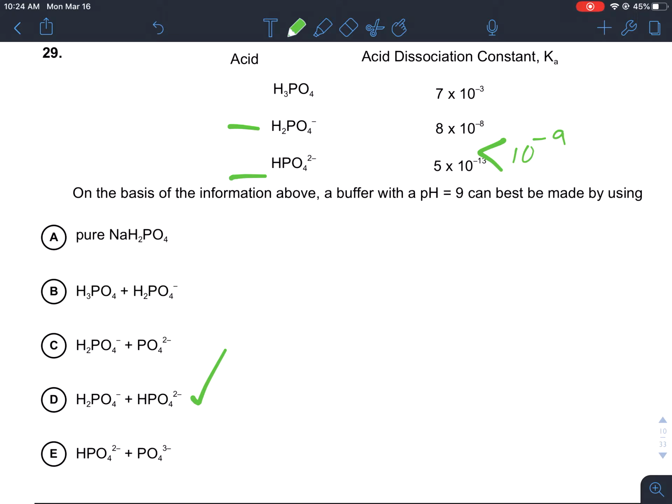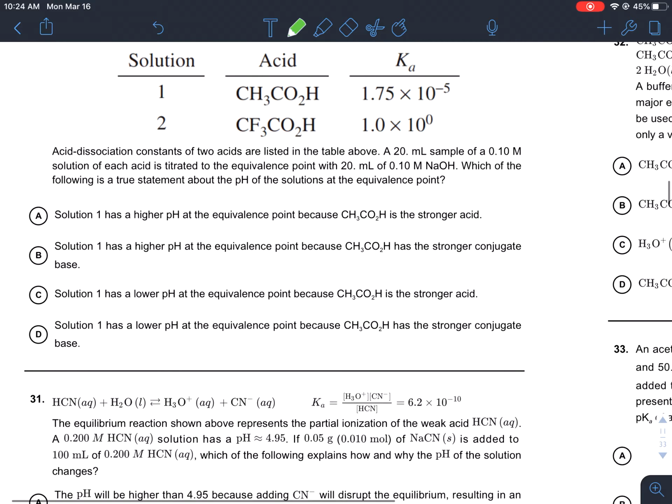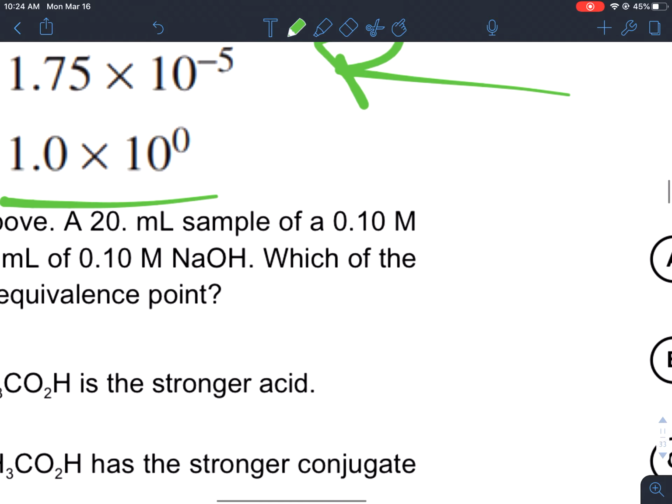All right, now we're at 30. Just look at these numbers. Look at the Ka of solution 1. That means there's not a lot of product, but there's a whole lot of reactants, right? This one is basically equal amounts of product and equal amounts of reactant, yeah?